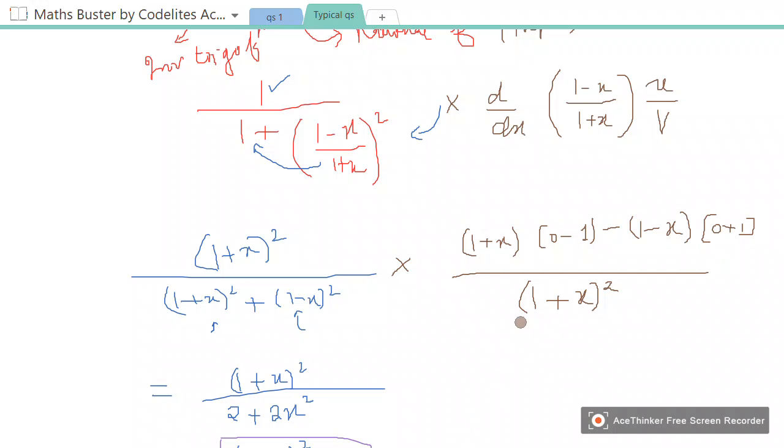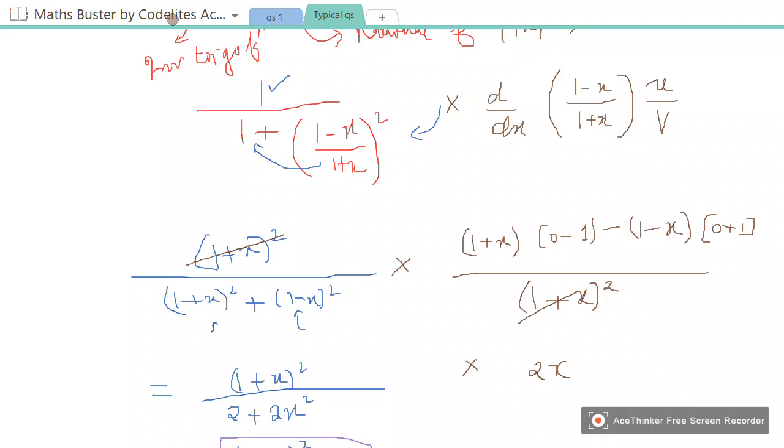Now see, this term and this term get cancelled out. 1 plus x minus of 1 minus x. So you will get in the numerator x plus x, it is 2x.